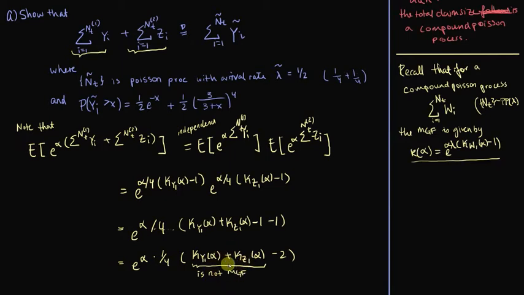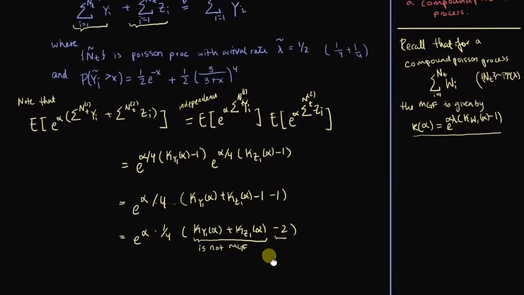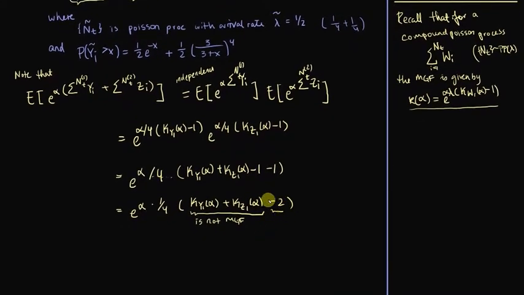And if you just add two moment generating functions together, that doesn't work out here. And also this is not minus 1 as we want. But the way you can get this to become minus 1 is by dividing this entire thing by 2 and then multiplying with a 2 outside.